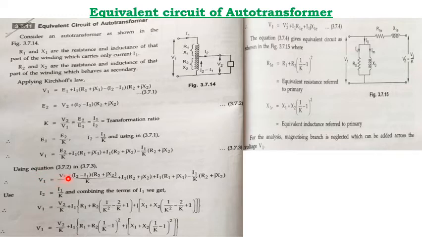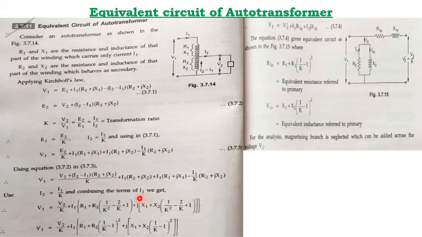V1 is equal to V2 plus (I2 minus I1) into (R2 plus jX2) divided by K, plus, this you just keep as it is, I1 into (R1 plus jX1) minus I1 divided by K (R2 plus jX2). Now here use the equation I2 is equal to I1 divided by K, and combine the terms in I1.